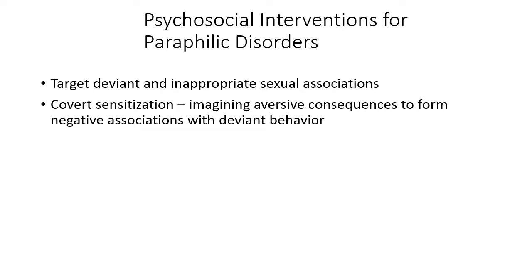This is where those who have pedophilia, the sexual desire associated with prepubescent children, anytime they have those thoughts about a prepubescent child, at the same time imagine the aversive consequences, like going to prison. Specifically what would happen to them in prison, because prisons are not kind to pedophiles.